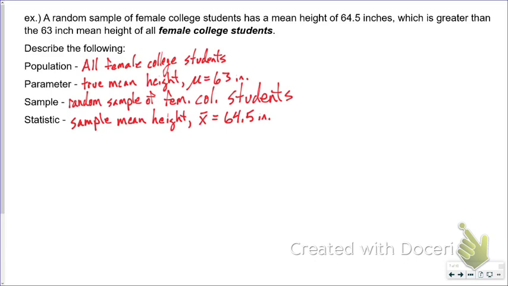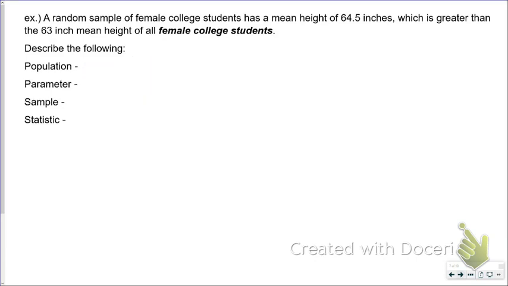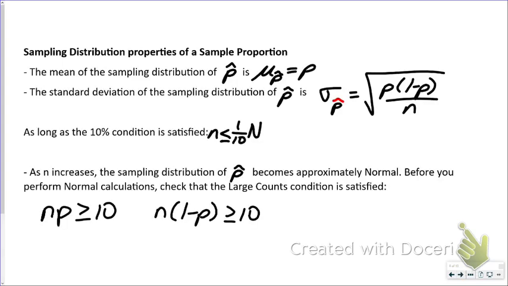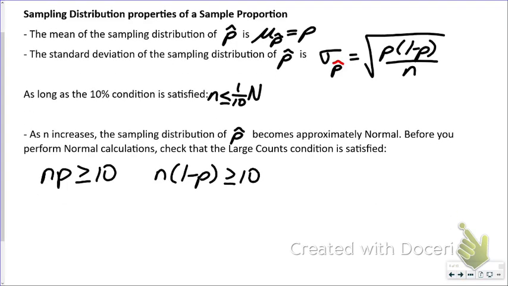So, all right, we're not going to work a problem yet. We're going to look at the properties of a sample proportion sampling distribution. So the other day we looked at a Reese's Pieces computer program, and it created a sampling distribution. If we were to calculate by hand the mean of those sampling distributions, it would have been equal to the true proportion of orange candies.